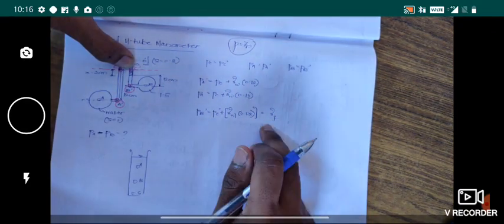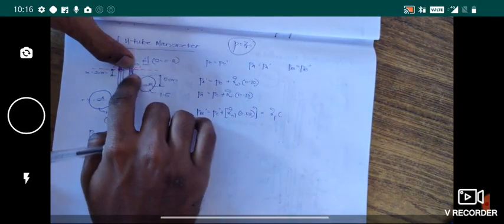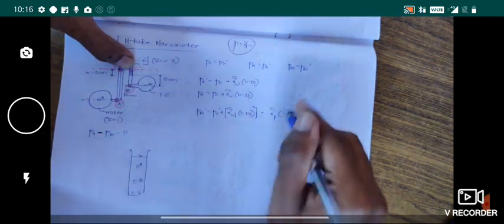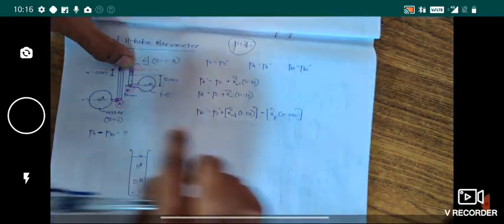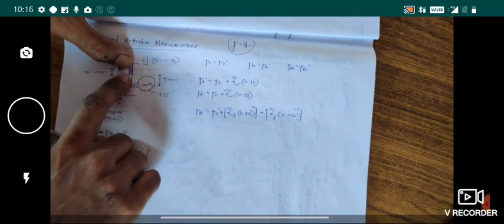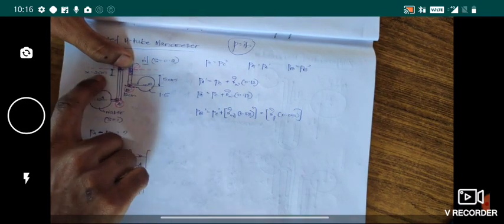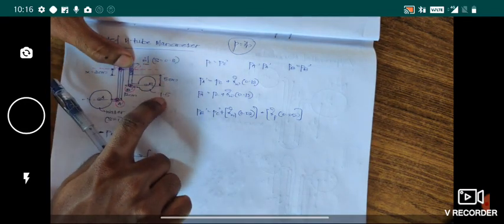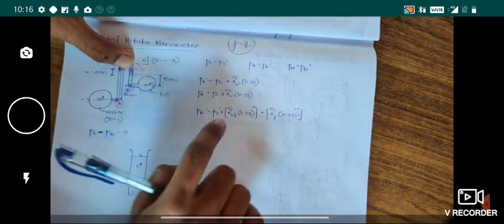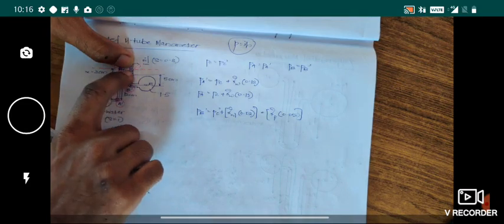So I'm just writing gamma of F into how much height? The height is 5 centimeter, that is 0.05. I hope it is clear. When you take the point B dash, you are having two liquids. First liquid is having 2 centimeter, that is oil. The second fluid is having 5 centimeter, that is another liquid of 1.5 specific gravity. So when you take B dash, you have a point C dash.